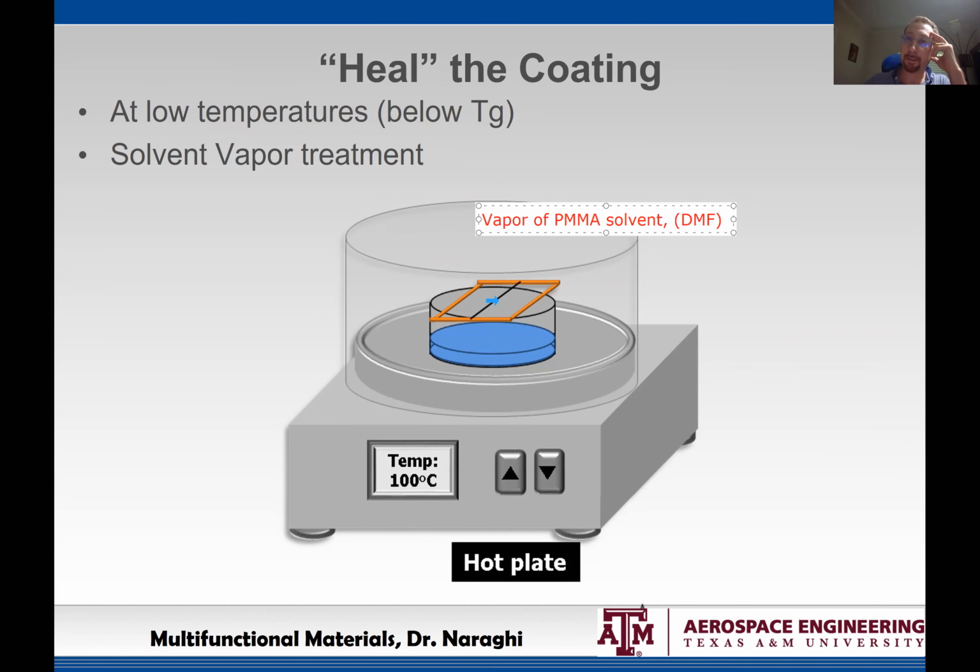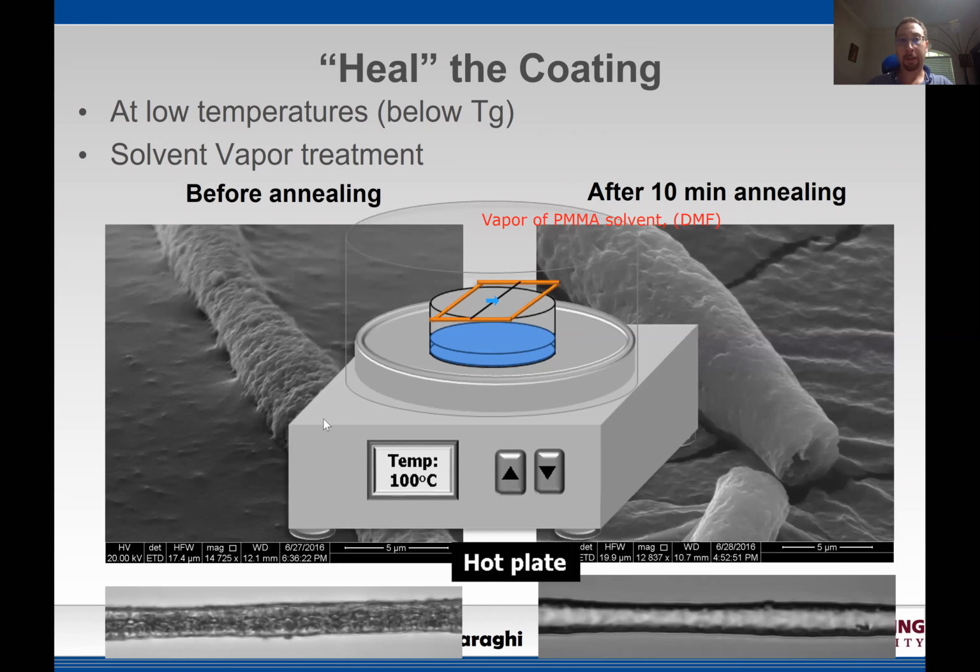Now, when you do that, something very interesting happens. These DMF molecules go in between polymer chains, act as a lubricant, and allow them to move faster over one another. So this is before, and you see all these roughnesses that appear like cracks.